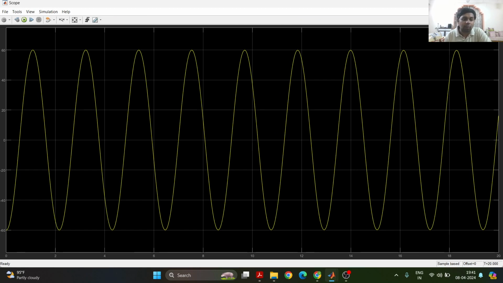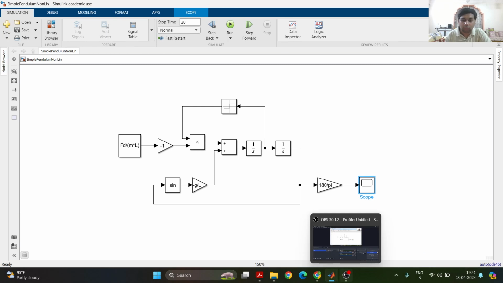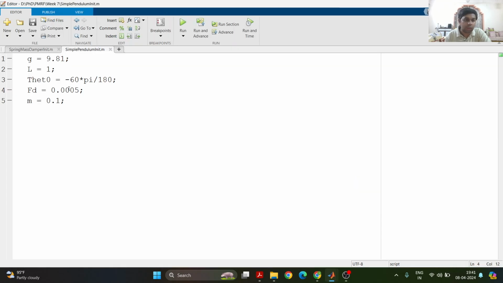Here the damping is actually not much, so we can try to increase this force.